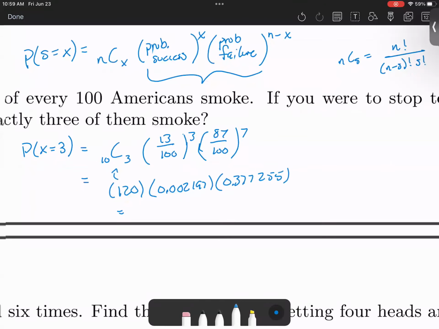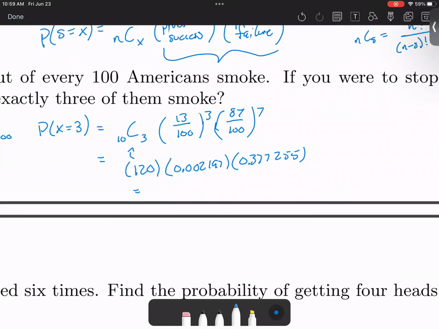When you multiply all these numbers together to give yourself the probability of having exactly 3 smokers out of a group of 10, this gives you 0.099459, or about 9.9%.